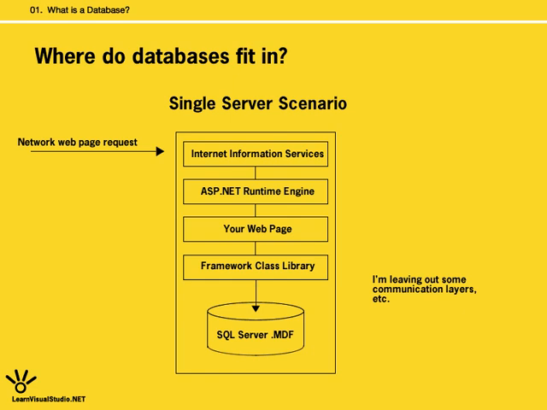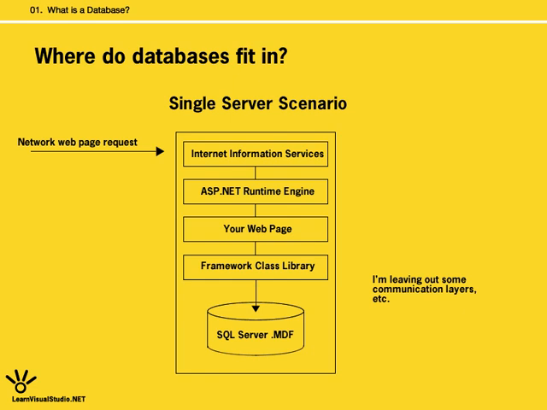Upon receiving this, the ASP.NET runtime engine will basically load up your web page and execute the commands that are stored within the assembly that's generated whenever your web page is run for the first time. That assembly will rely on classes that are within the framework class library, the FCL, which in turn go to a special subset of classes called ADO.NET, which we'll talk about in future lessons.